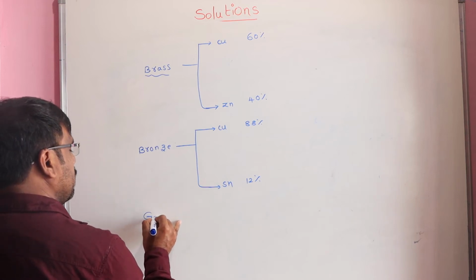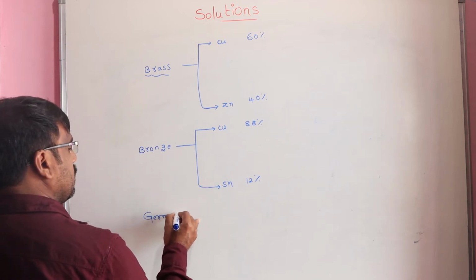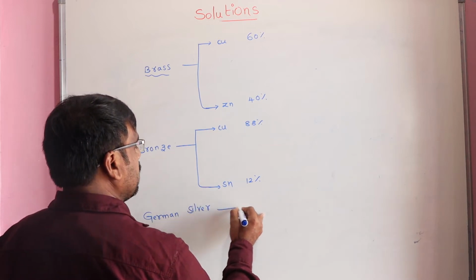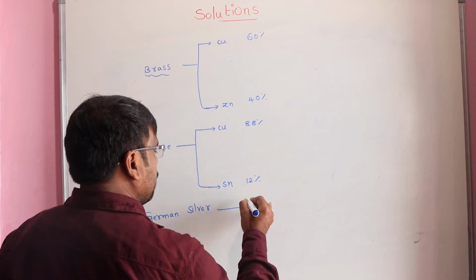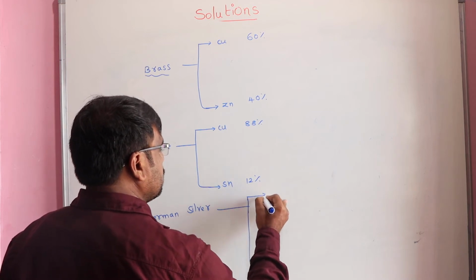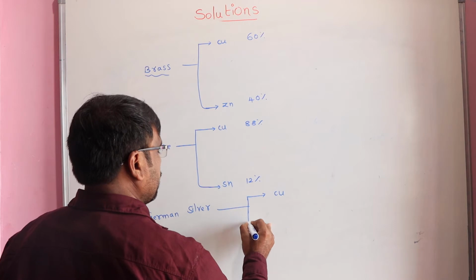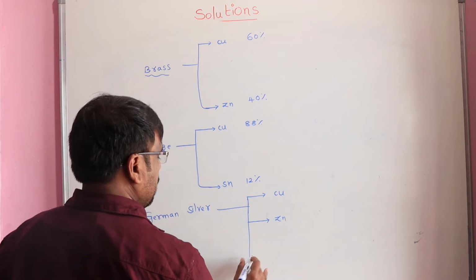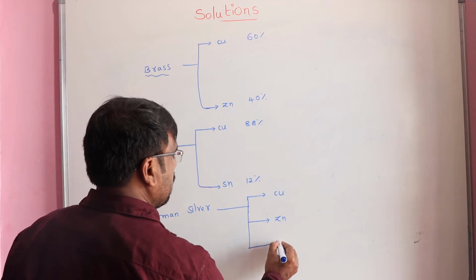Next, German silver contains three types of metals: copper, zinc, and nickel.